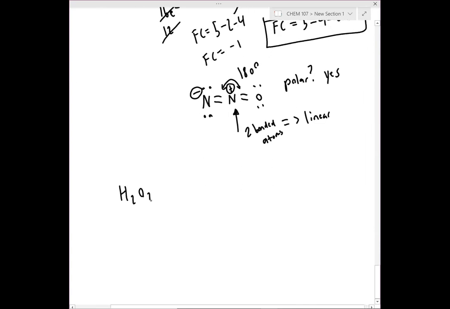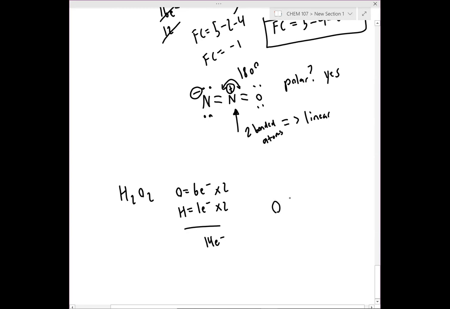So looking at H2O2, let's now try to draw a Lewis structure. First things first, oxygen contributes 6 electrons, hydrogen contributes 1 electron, and we have 2 of each. That in turn gives us 14 electrons total.